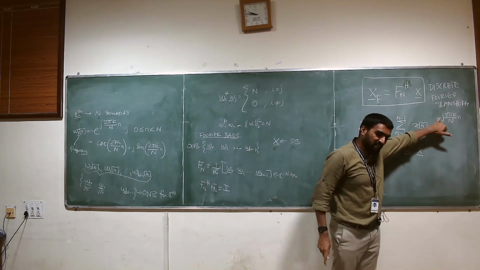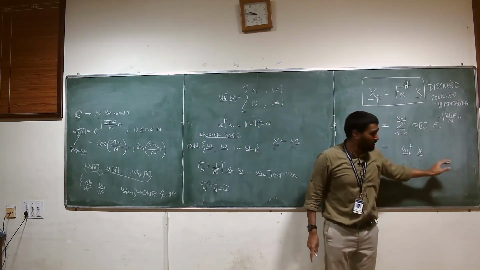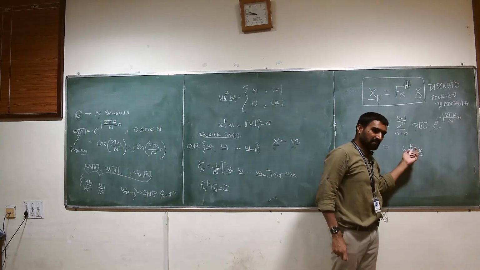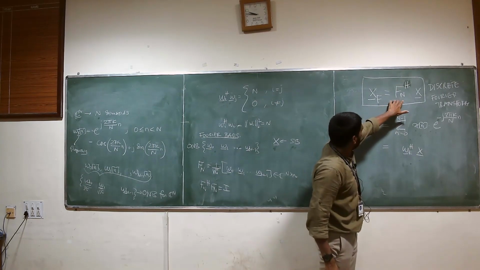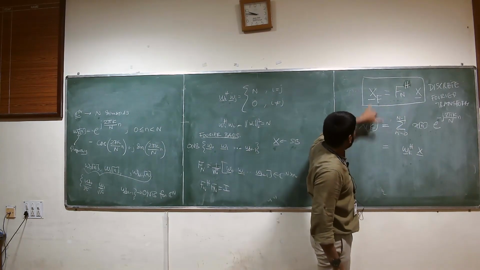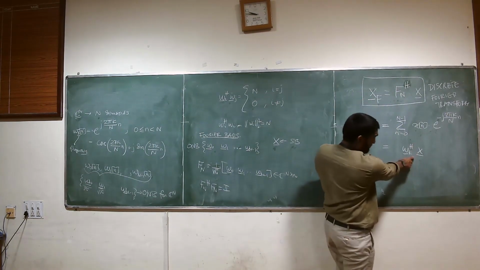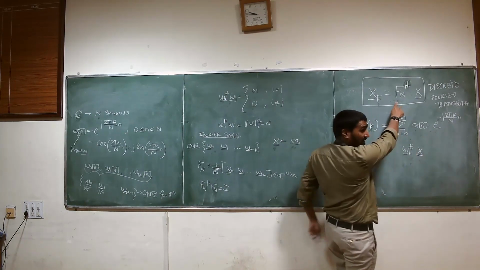You see this negative sign? That negative sign comes about because you've taken the Hermitian. And if you find the kth element here, that will work out to this. So this is in fact the discrete Fourier transform.